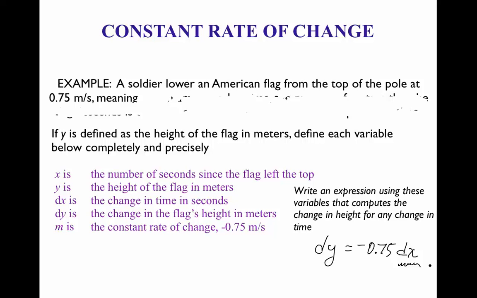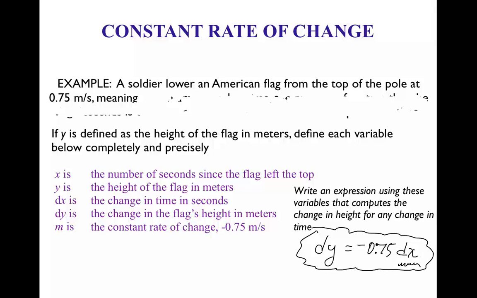Not just 1 second and 3/4 of a meter. Any change in time, we can calculate the change in height. Doesn't make sense with that, all right? So what's the meaning of negative 0.75? This equation tells us the meaning. dx doesn't have to be 1 second.